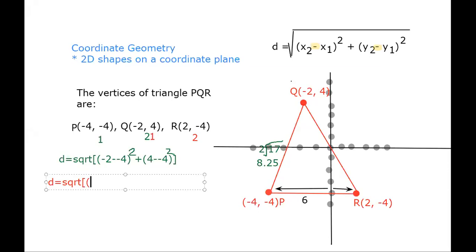So x2, 2 minus x1, negative 2, quantity squared, so up arrow 2, plus y2, that's negative 4, minus y1, all that quantity squared. And so it's the square root of that whole piece. Okay, so let's get that into our calculator.